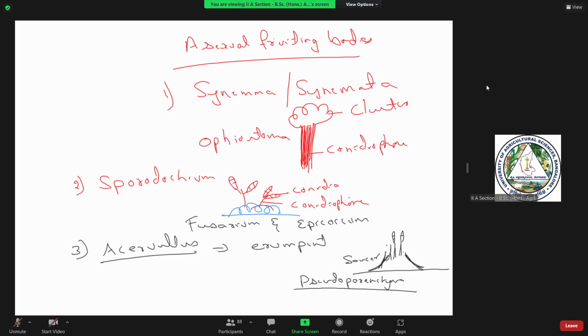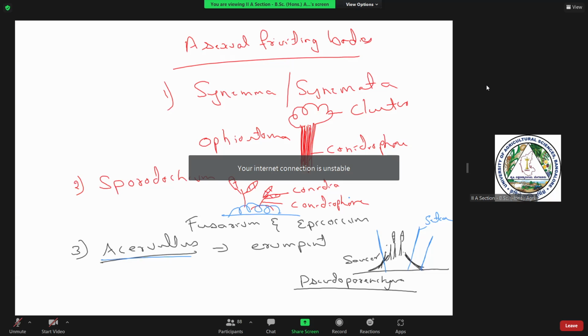It is erumpent, meaning it emerges from the epidermis, and in some cases it also has sterile structures called setae. The example for this type is Colletotrichum.